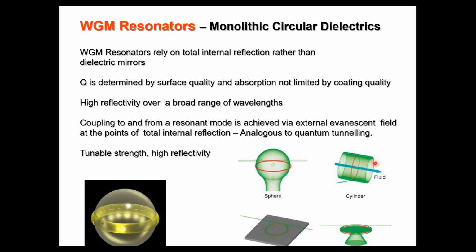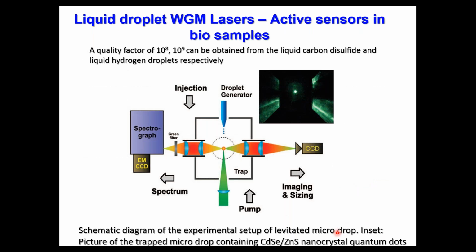There are various structures possible. The sphere can be a cylinder, it can be a ring fiber combination or a ring disc combination, and this can be a toroid. This has huge applications in sensing as well as in biology, because we have seen that the microspheres offer the largest value of quality factors.